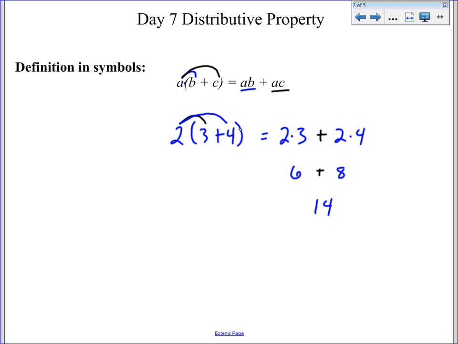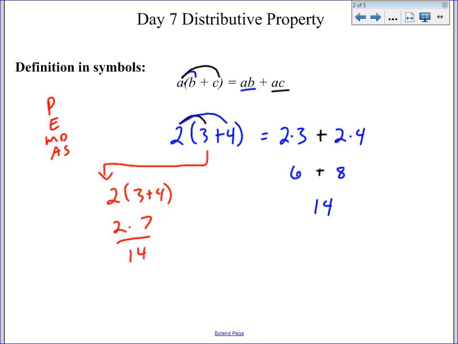Now you might be thinking, why didn't we just do it using PEMDAS? And so you would simply just do your parentheses first, which is 7, times 2, which gives you 14. Both ways give you true solutions and correct answers.